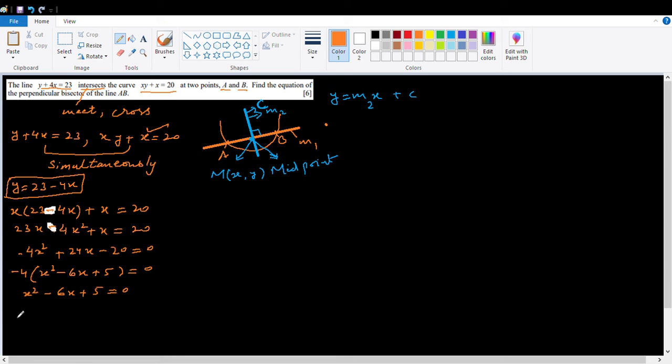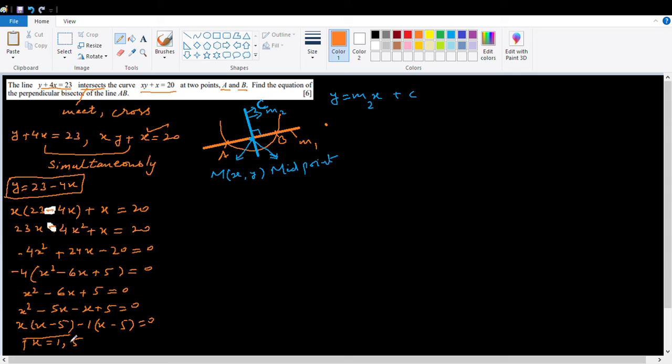Now do middle term breaking and you will get x square minus 5x minus x plus 5 equals to 0. x common, x minus 5, and minus 1 common, x minus 5 equals to 0. By further simplification, x is equal to 1 and x is equal to 5.